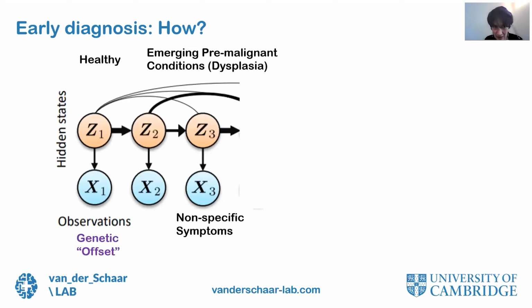How can then early diagnosis be done on the basis of this? We can use such models for the patient at hand by saying, I observe up to time 3 a variety of information, and I am now needing to issue a prediction of the patient having cancer at a particular moment in time.